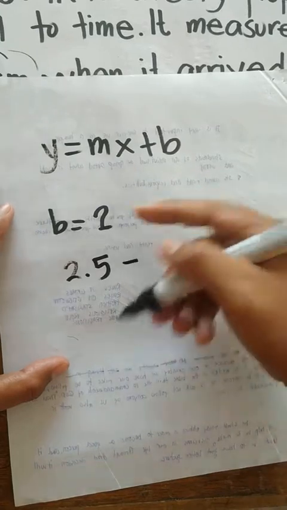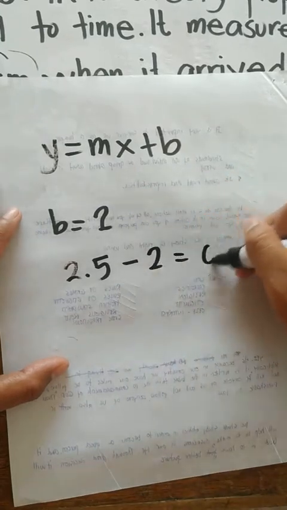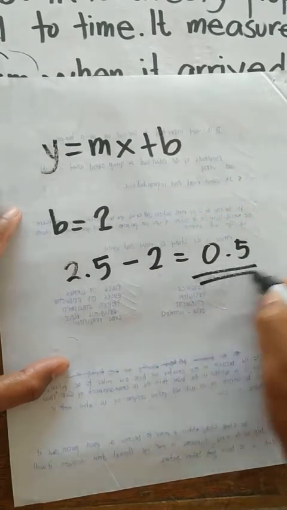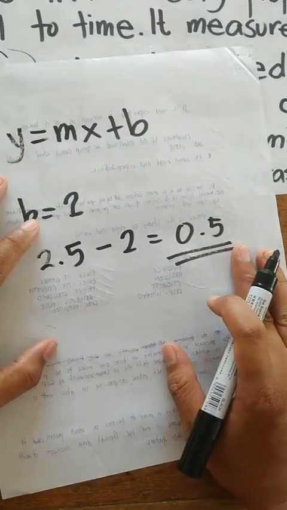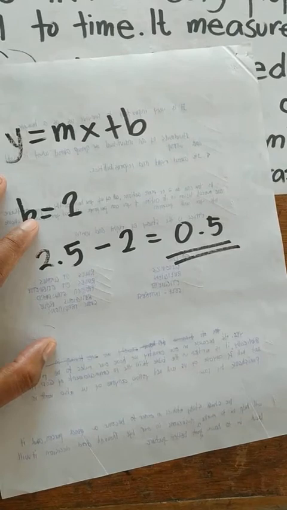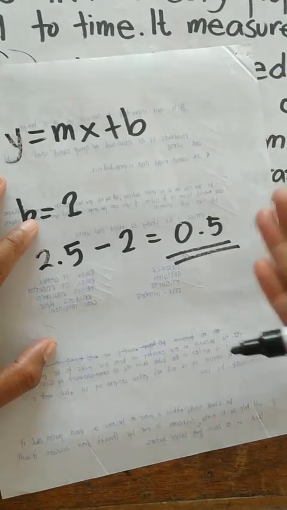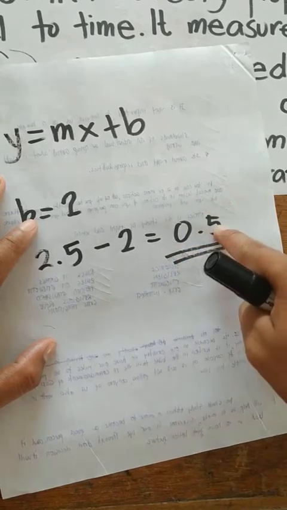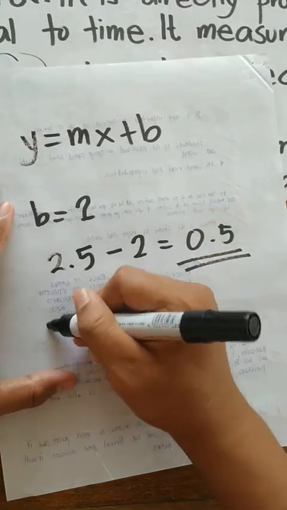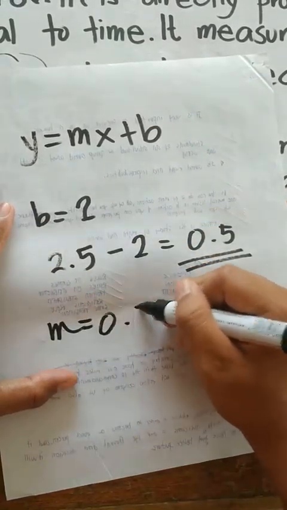If we find the difference between them, it is 0.5, which means it grew 0.5 centimeters. So in this particular plant, every week it grows 0.5 centimeters. Is it moving? Yes, so that will be our slope, 0.5.